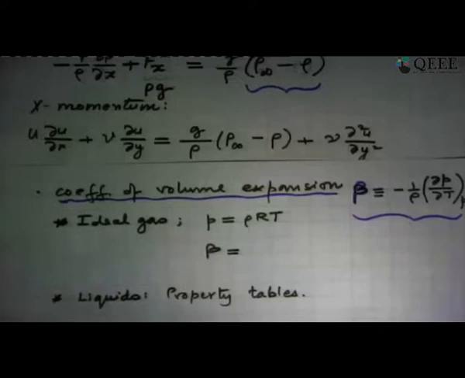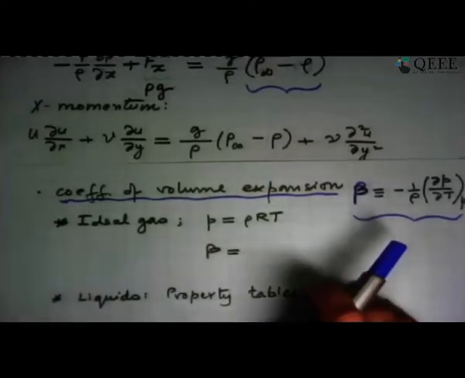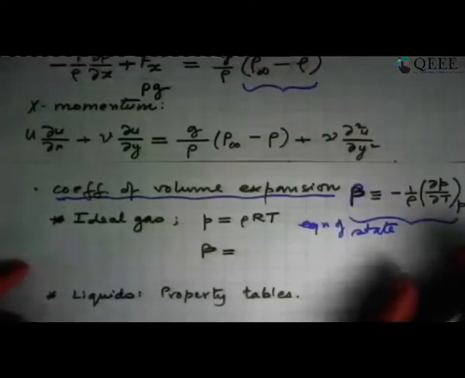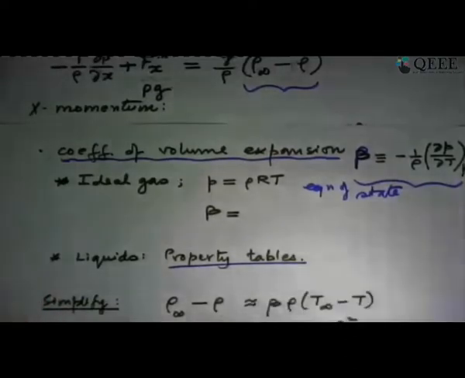So we look at two cases. One, an ideal gas, where we have the equation of state, P equals rho RT, and you can differentiate it and see what the equation is. But if it is a liquid, where we don't have an exact equation of state like this, then we have no option but to go to property tables and use correlations from there to get this volume expansion coefficient.